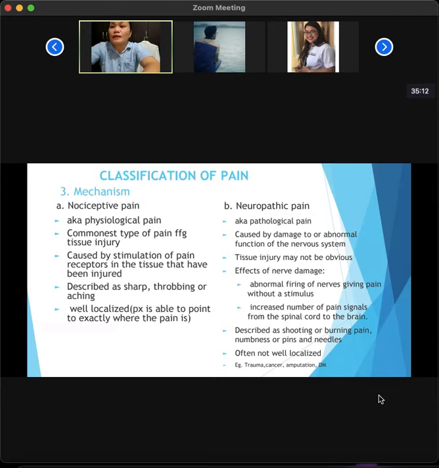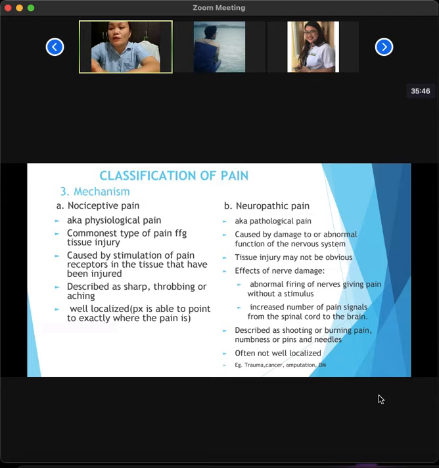to or abnormal function of the nervous system, wherein you have tissue injury that is not too obvious, and the effect is nerve damage, wherein you have abnormal firing of nerves giving pain without stimulus, or increased number of pain signals from the spinal cord to the brain, described as shooting or burning pain, numbness, or pins and needles.